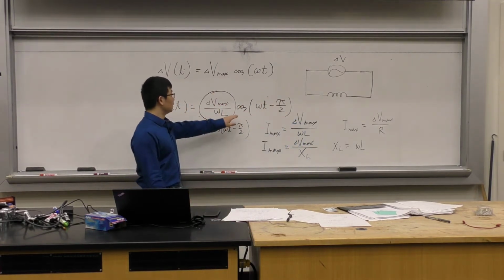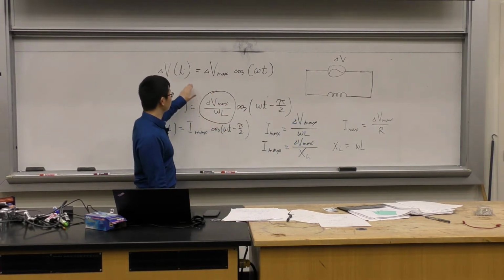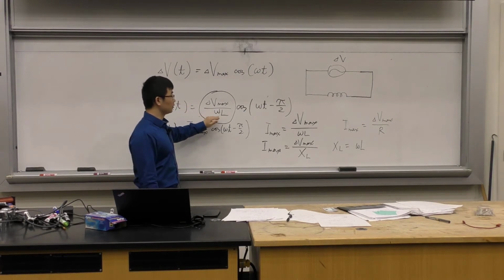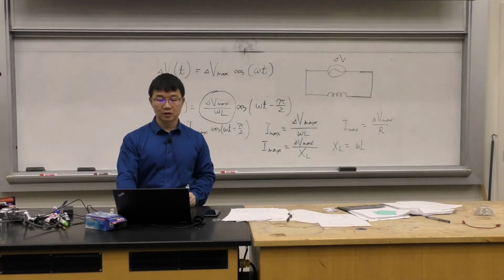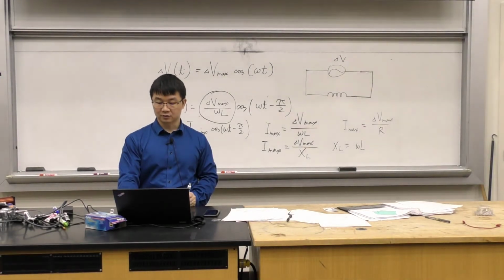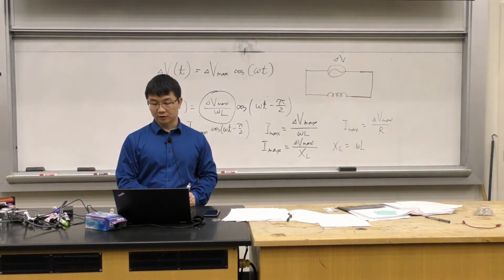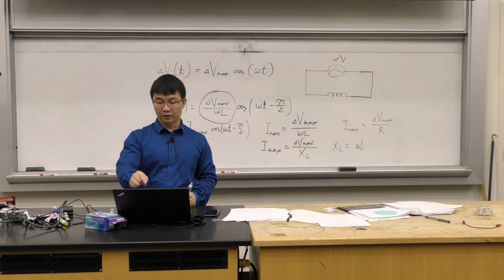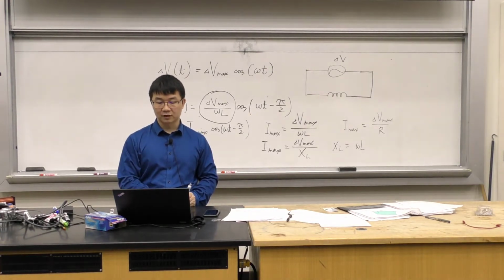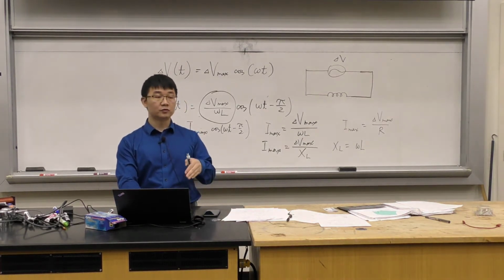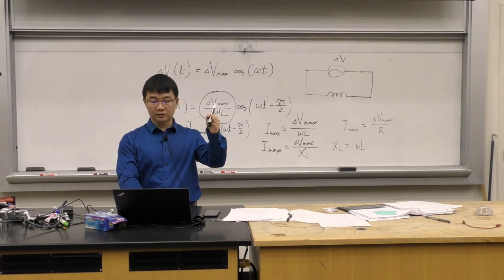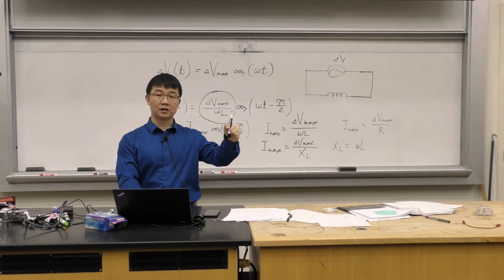And also, if you compare the current function with the voltage function, the current is always 90 degrees, or 1/2 pi radians, behind the voltage. That is explained in this graph on slide 1, lecture 18, right? So take a look at these two curves. The current always reaches the peak 90 degrees after the voltage has reached the peak.